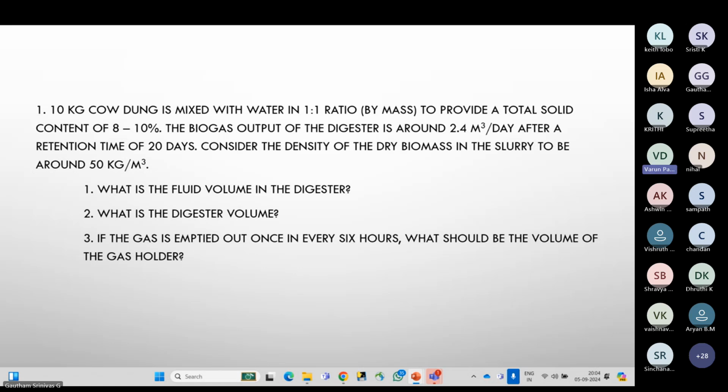So how much in 6 hours? So 8 into 6 by 24. What is that? 2 meter cube. So what is the gas holder volume?